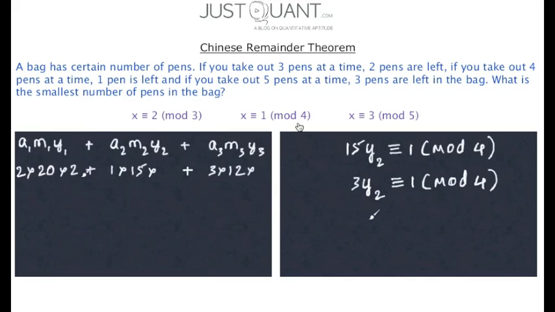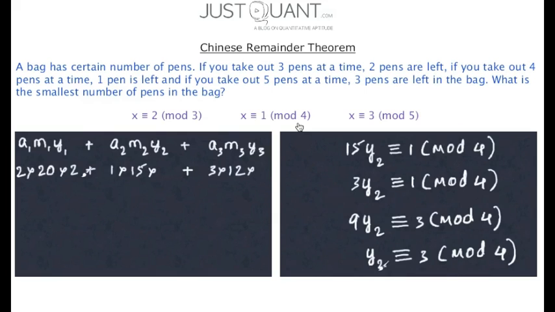Now the multiple of 3 that gives us a remainder 1 with 4 is 3. Hence multiplying both LHS and RHS by 3, 9y2 is congruent to 3 mod 4. Now 9 gives us a remainder 1 when divided by 4, y2 is congruent to 3 mod 4. Hence we have y2 is equal to 3.